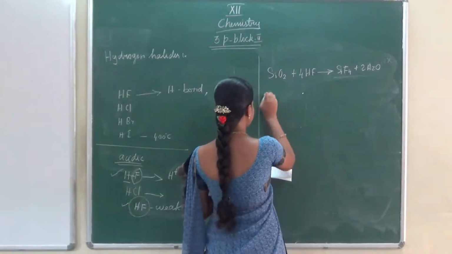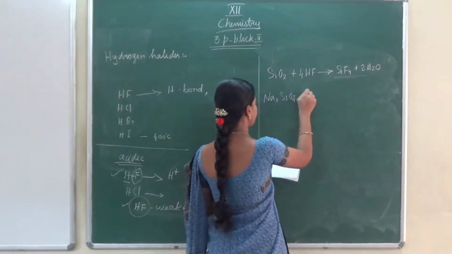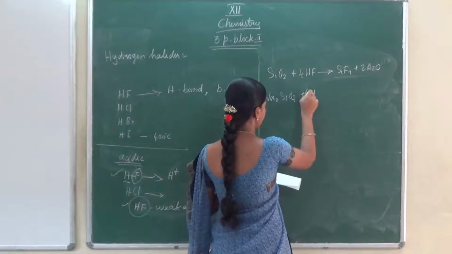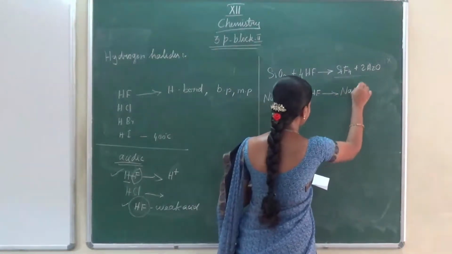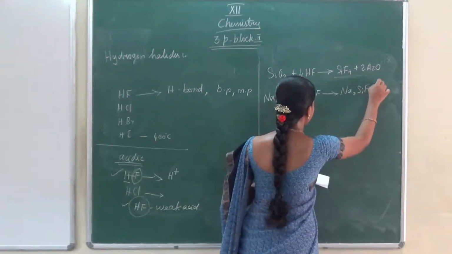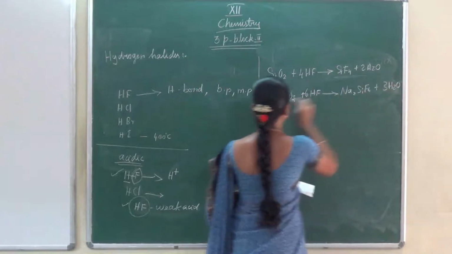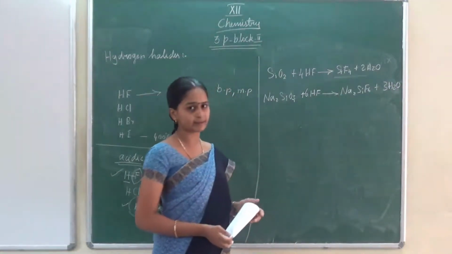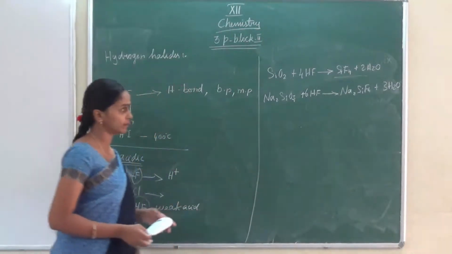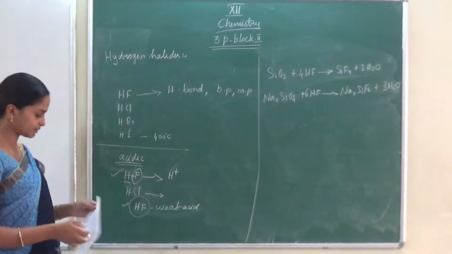The next one here, sodium silicate, Na2SiO3, when we treat with HF, we will get Na2SiF6 plus water. That means the bottle will dissolve when we add hydrofluoric acid. This is one 3-mark question. You can copy this.